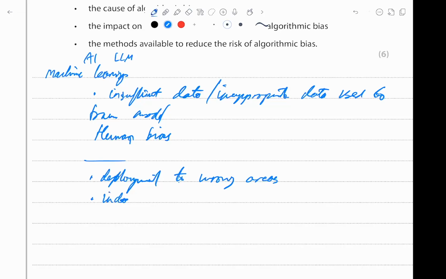Individuals feel monitored. This is happening quite a lot recently, isn't it? Or targeted. Or unfair treatment, discrimination. It could be particular communities.